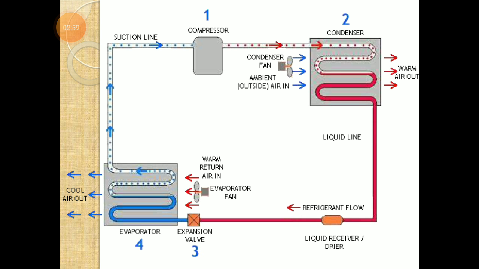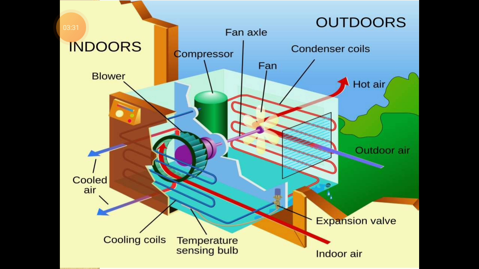At the same time, air is allowed to move over the evaporative coil, where its humidity is maintained and cool air flows towards the conditioned space. This is all about the air conditioning system. When it flows through the evaporative coil, it is again converted into low pressure vapors, and this low pressure vapor is again compressed, and the cycle continues.